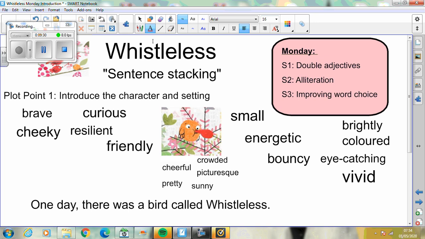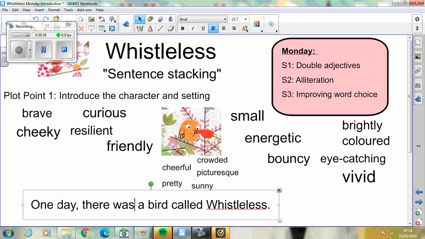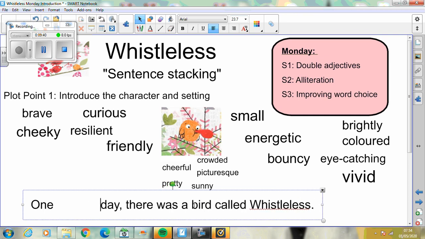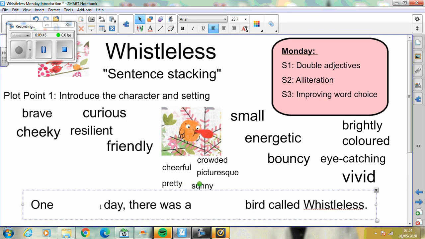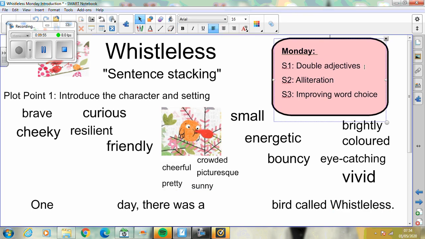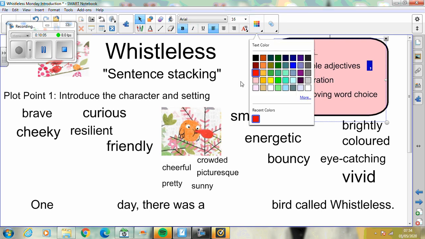So I'm now going to insert in my sentence some double adjectives to make my sentence more interesting. Now, as we know, because we've done this in school, that when we're using double adjectives, we need to include a comma to separate them. There we go. Put that in red.